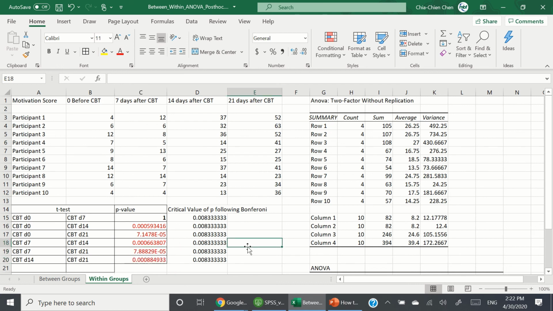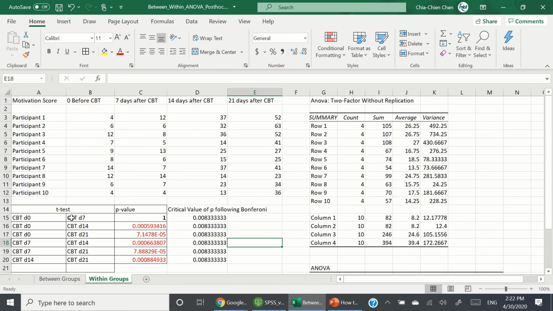All right, so when you are looking at this, basically what you're seeing is that the motivation score between day 0 and day 7 are not significantly different from one another.